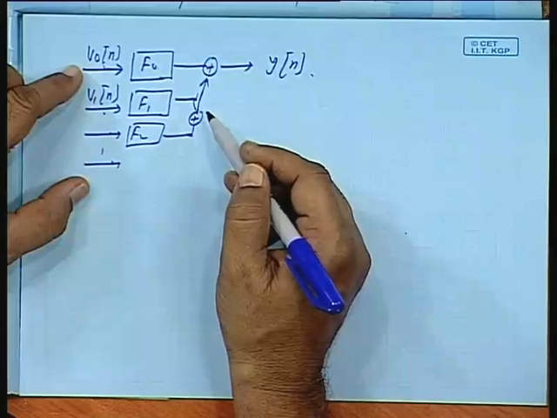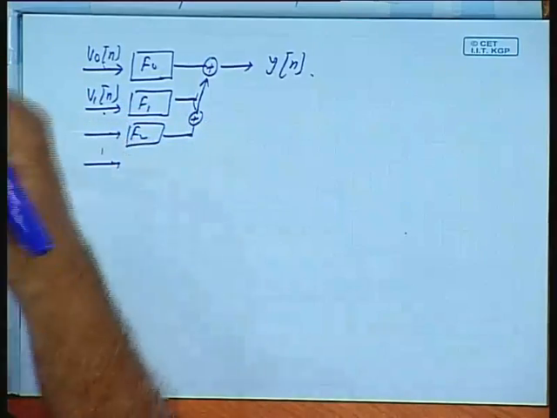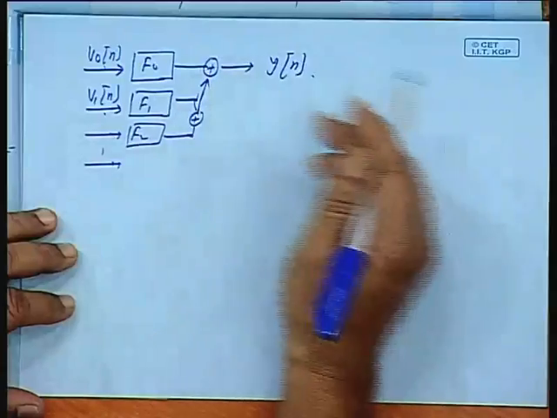Do you get my point? In different bands you have different responses, so you moderate them. Suppose I want to suppress or modulate certain ranges of frequencies, that is done, and after that you again add them. So, this is a synthesis filter.